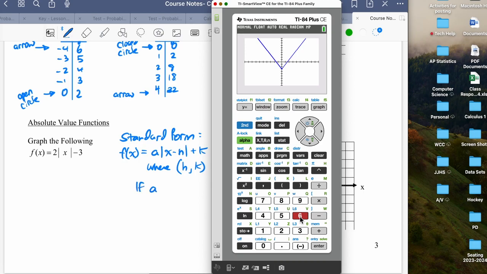If a is positive, then you have a V-shaped curve. If a is negative, you still have a V-shaped curve, but it's the reflection. And a represents the slope, right? It's just a question of which direction you're going.